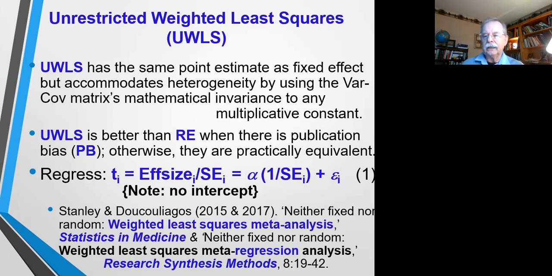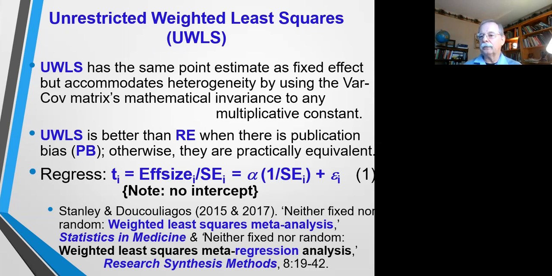To calculate the unrestricted weighted least squares, it is the simplest of all possible regressions. You simply use the standardized effect size divided by its standard error as the dependent variable, and 1 over the standard error, which is sometimes called precision, as the only independent variable.